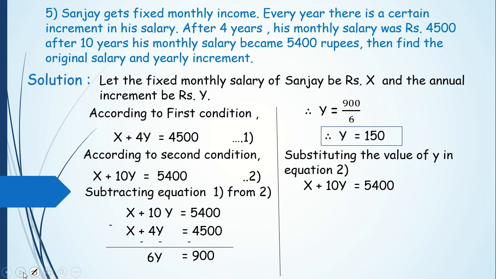We decide to substitute it in equation number 2, that is x plus 10y is 5400. Substitute 150 here in place of y. So 150 into 10 is 1500. Subtract, take it to that side.